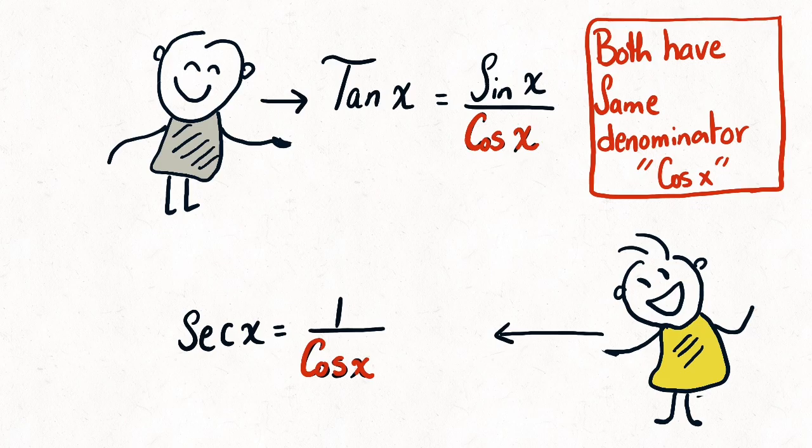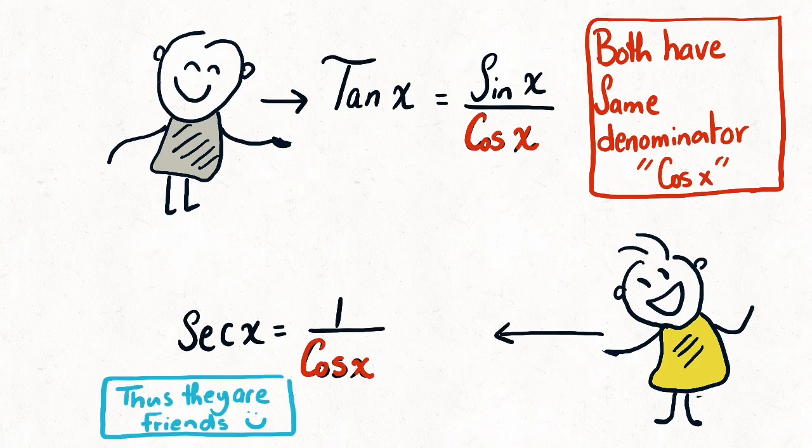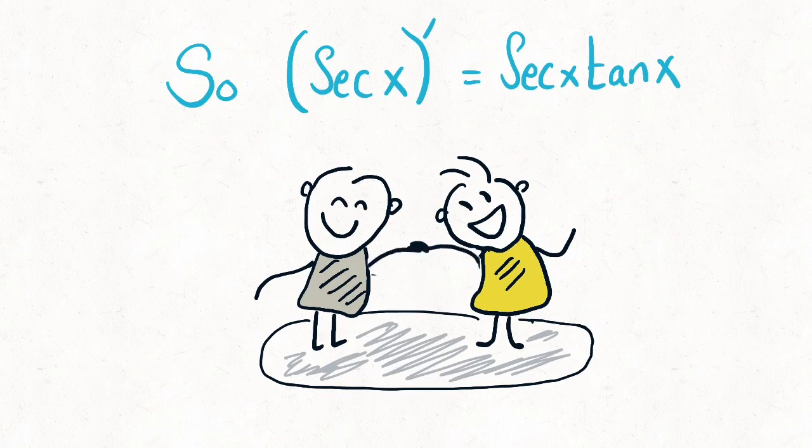Because of that, they decided to become friends. And how did they translate their friendship? By saying the following: the derivative of secant x is basically secant x times tan x, and this comes because both of them, secant and tan, have the same lower part, which is cosine.